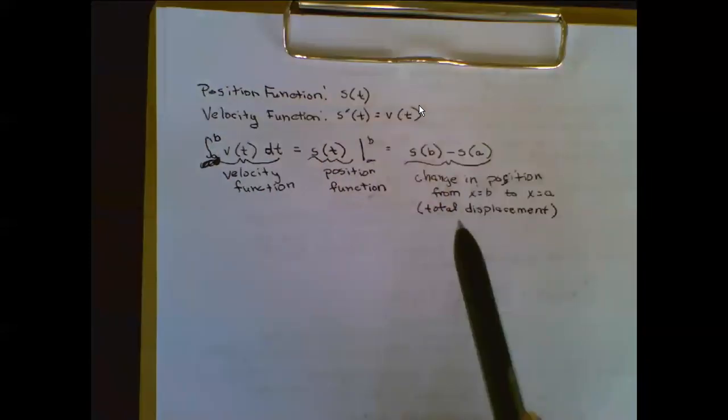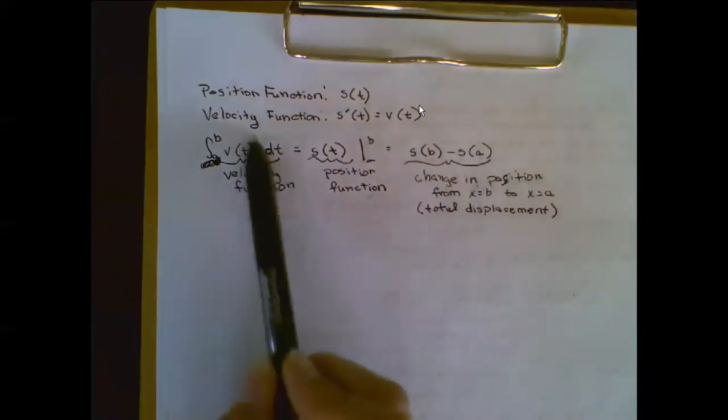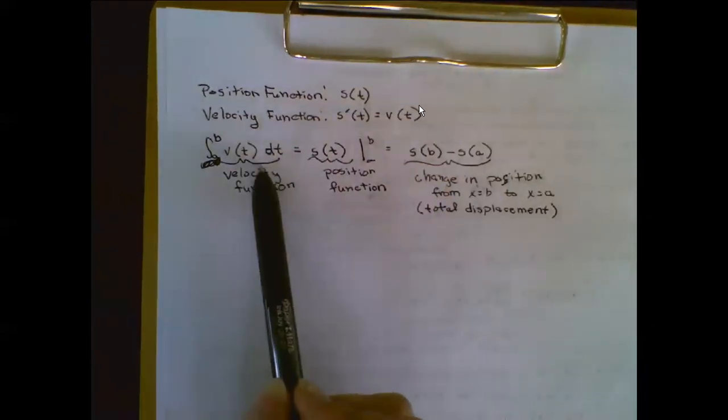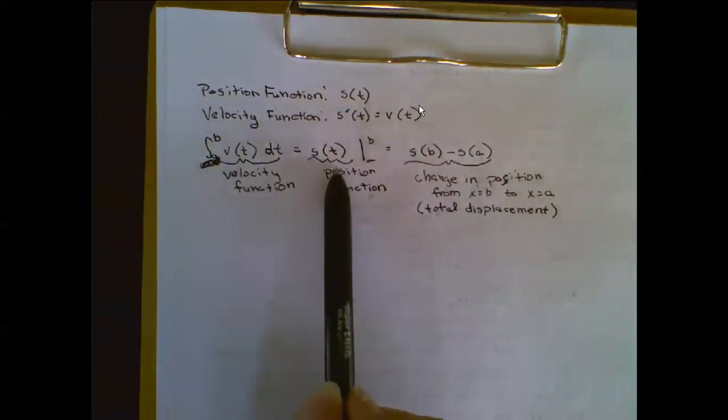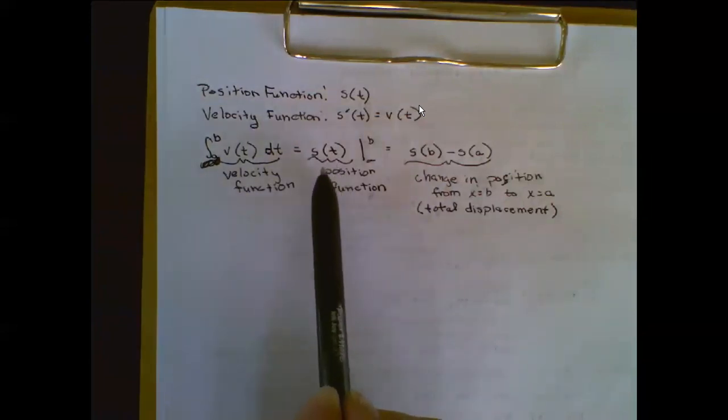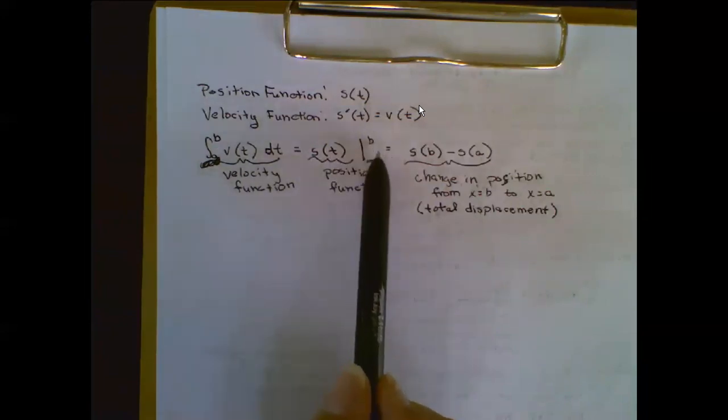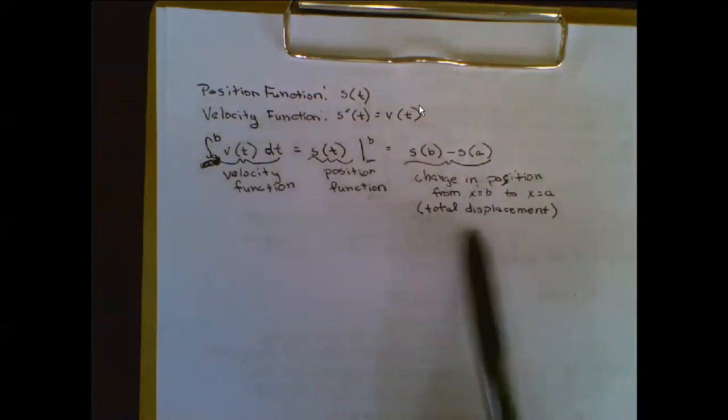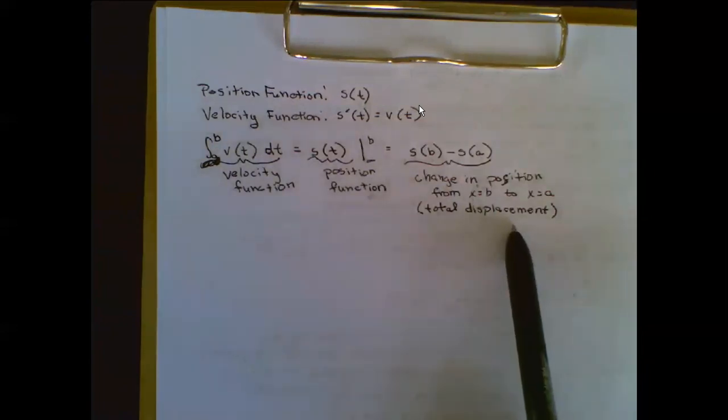If you know how fast something's moving, and you integrate it to find the position function, and you evaluate the position function at the upper limit minus the lower limit, you're finding how far the thing has moved.